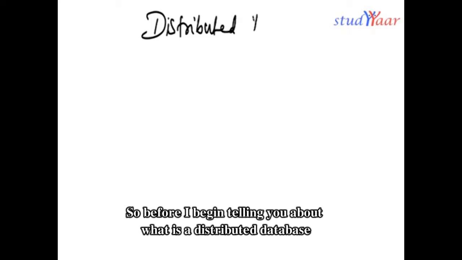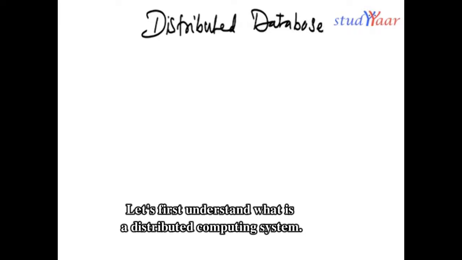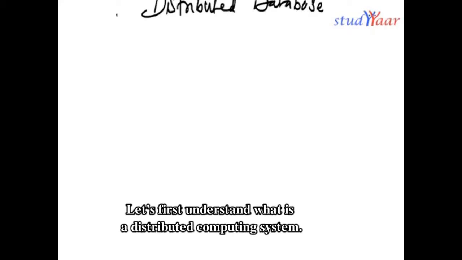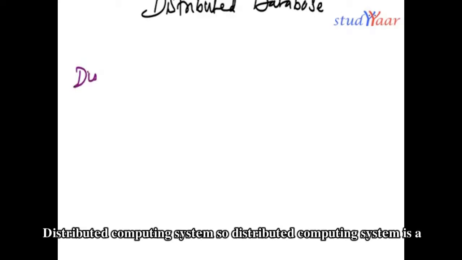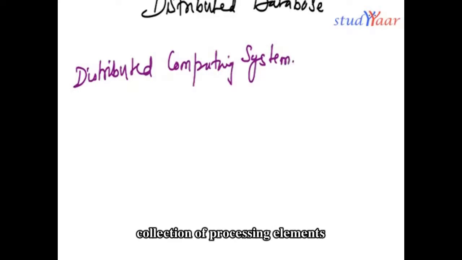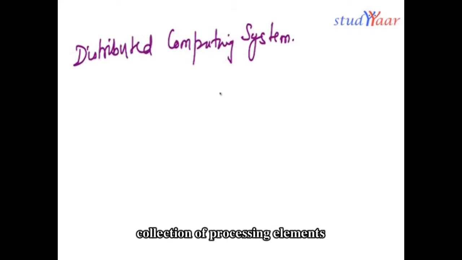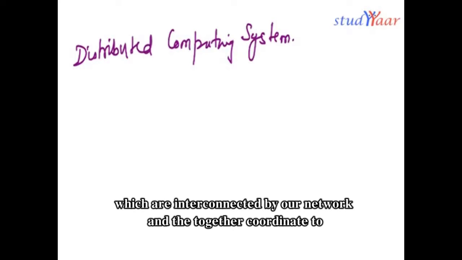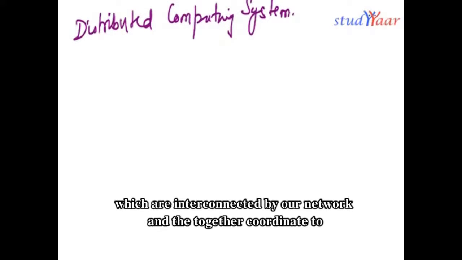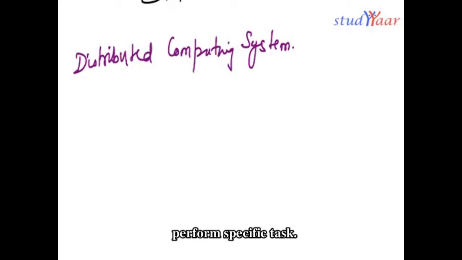Before I begin telling you what a distributed database is, let's first understand what a distributed computing system is. A distributed computing system is a collection of processing elements, which are interconnected by a network, and they together coordinate to perform a specific task.